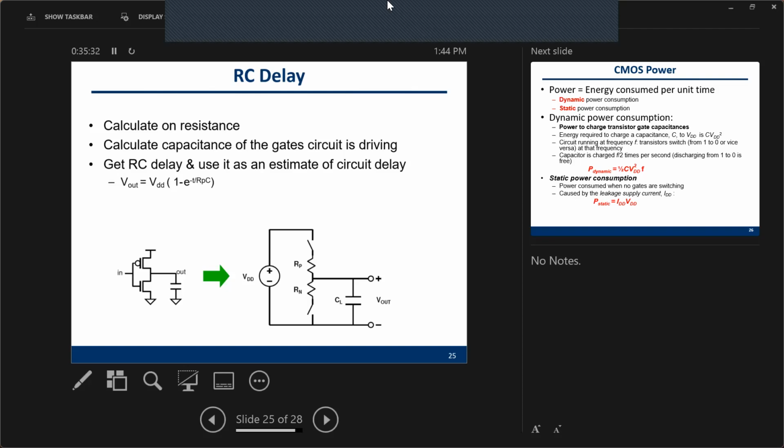So when you have a NOT gate like this, when you consider the resistance and the capacitance, you can do some analysis on that. You can draw an equivalent circuit like this. You can consider the resistance here, and you can add a capacitor here to analyze the RC delay.